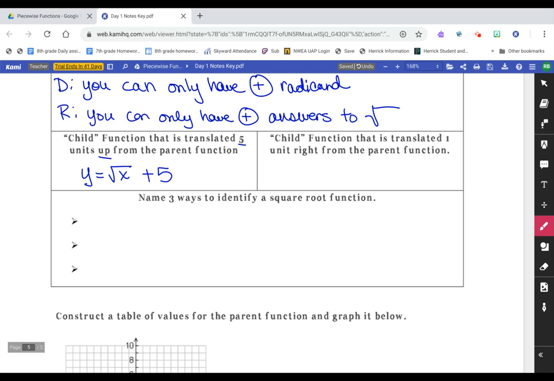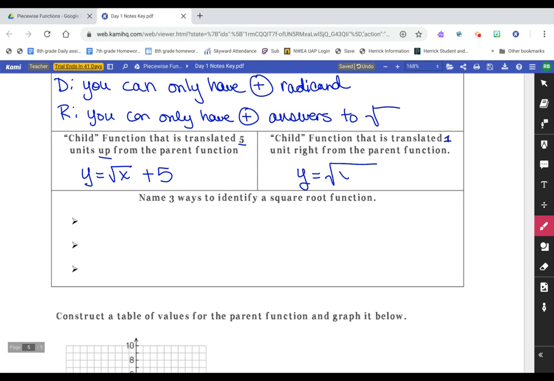and we're adding it outside. If we wanted to have the child function be translated 1 unit to the right, then it would be y is equal to the square root, and right and left go inside the radical sign.